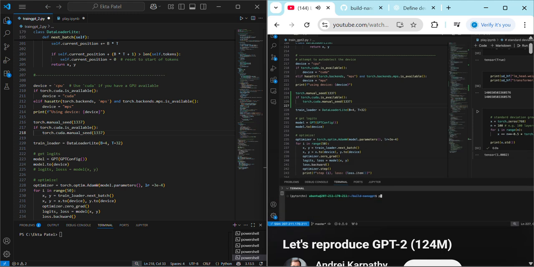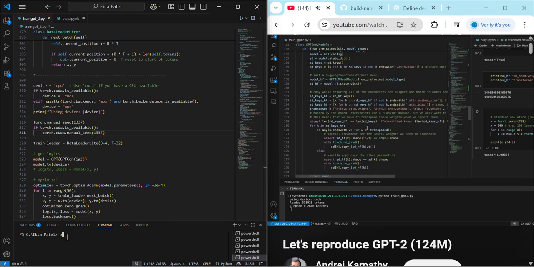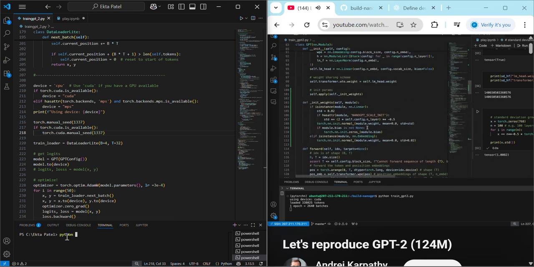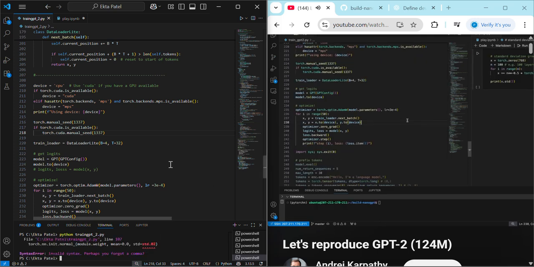And now we should be able to run python train_gpt2.py and let this run. And as far as I know, this is the GPT-2 initialization in the way we've implemented it right now. So this looks reasonable to me.